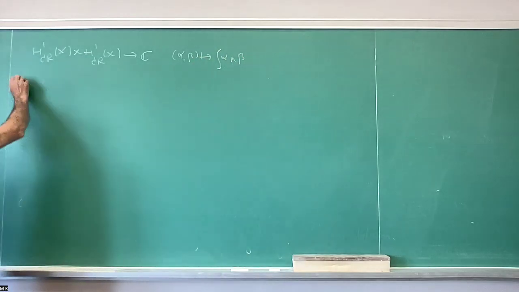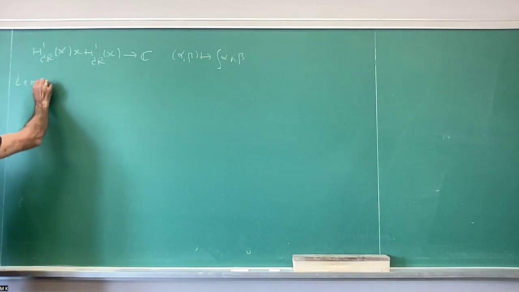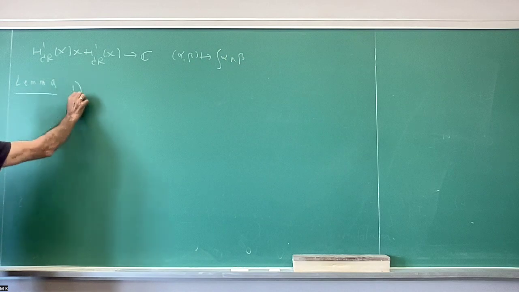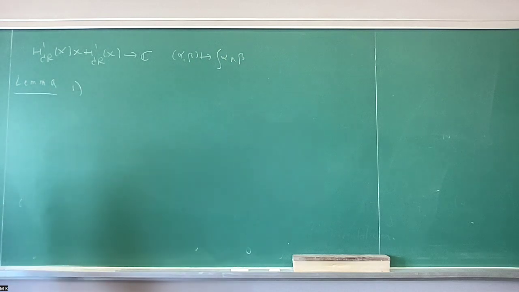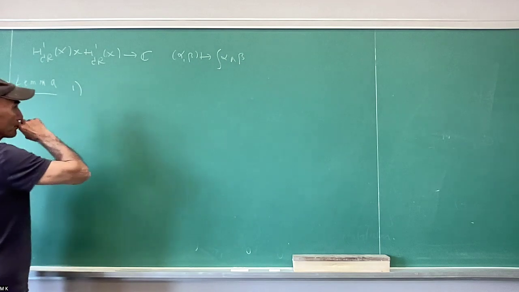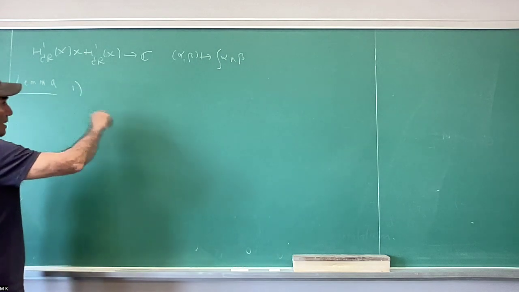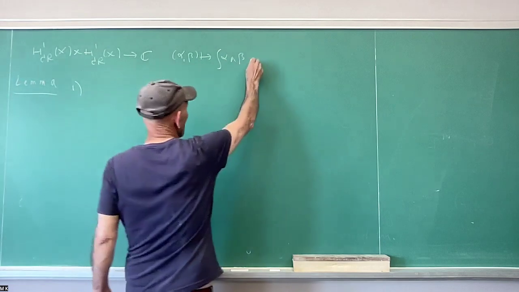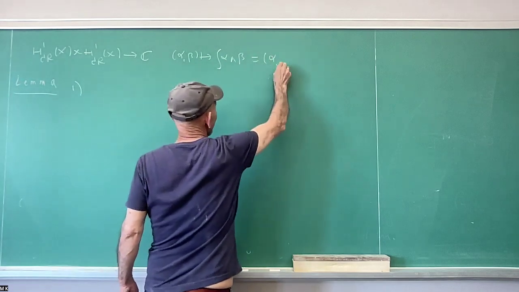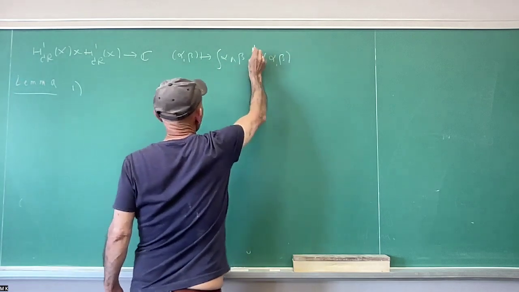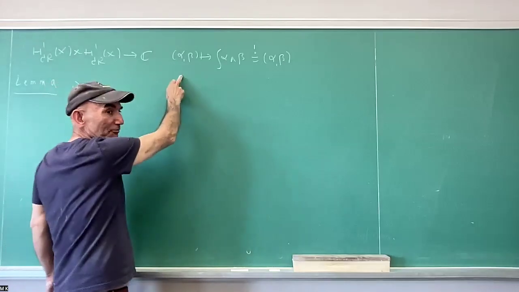So the lemma is the following. There's an interesting lemma here. I think I want to denote this pairing by angle brackets of alpha and beta. This is a different notation now.